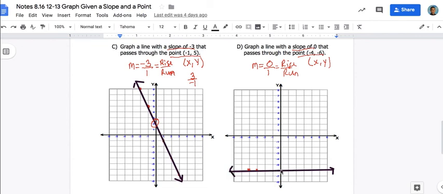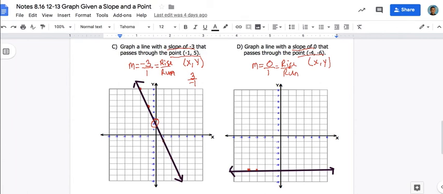But I know it's going to make a horizontal line because it has a 0 slope. And in a 0 slope, all my y values repeat. So look, -3, -6, -2, -6, -1, -6, all my y values repeat.